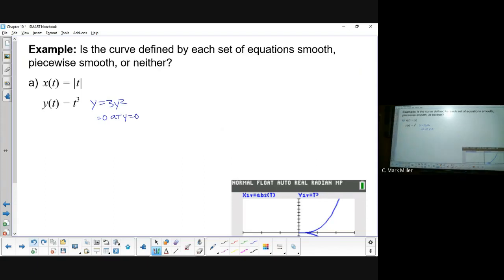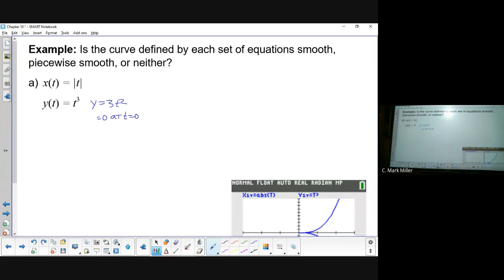And then up here, the derivative equals 0 at t equals 0. How about this one up here? What's the derivative of the absolute value of t? We didn't cover that derivative, did we? Right, there's not a formula for it.